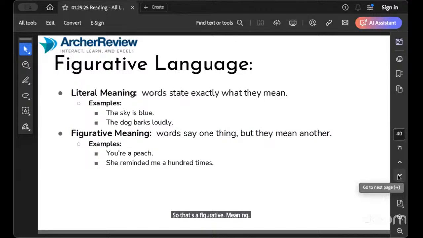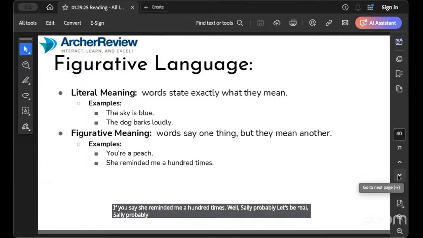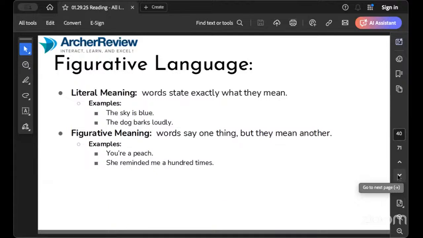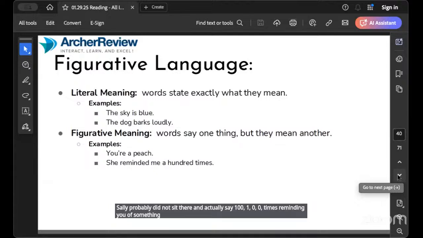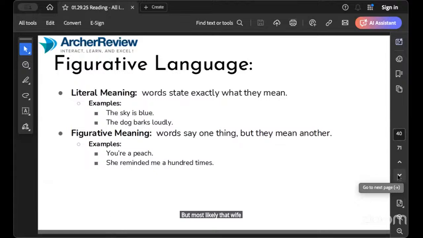If you say she reminded me 100 times, well, let's be real, Sally probably did not sit there and actually say it 100 times. I know the stereotypical thing is that husbands feel that way about their wives, but most likely that wife did not say it 100 times.